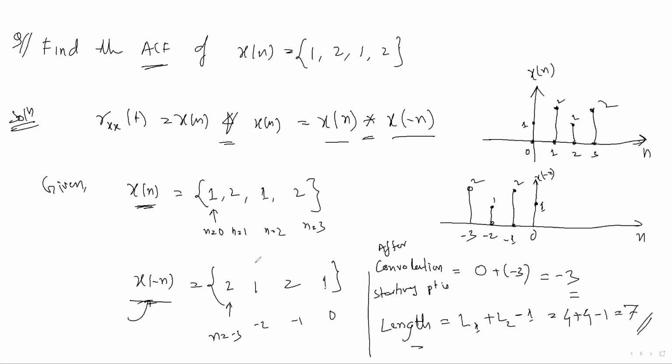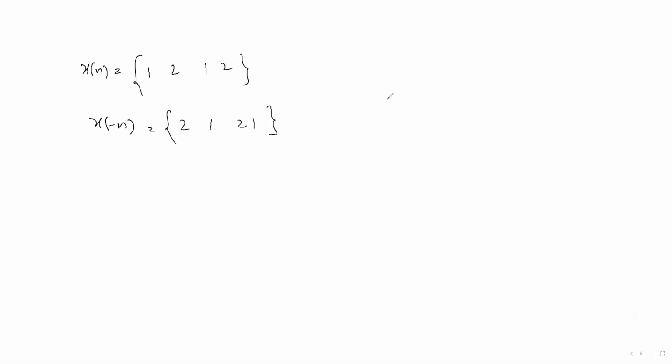To find the convolution, put one sequence at the upper side, suppose the first one, 1, 2, 1, 2, and put the second sequence at the column side, 2, 1, 2, 1.